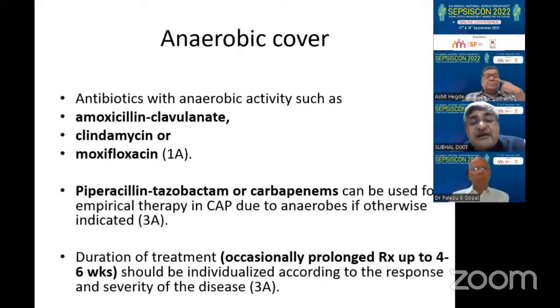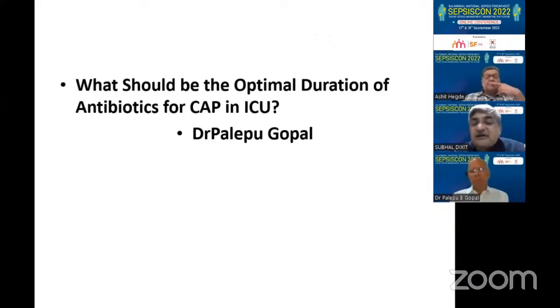The antibiotics having anaerobic activity would be amoxicillin-clavulanic acid, clindamycin, or moxifloxacin. And piperacillin-tazobactam or carbapenems can be used as empirical therapy, because carbapenems also cover anaerobes. And of course, the occasional duration of treatment should be 6 weeks, but you need to individualize it depending upon the response and the severity.